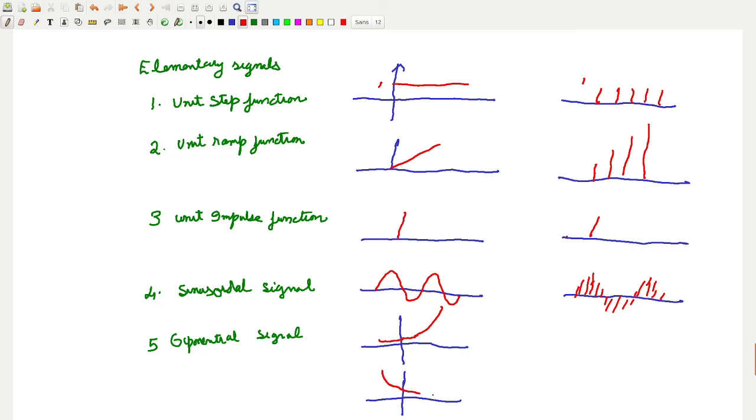It will reach zero only at infinity. Similar to this, you have the discrete exponential signal, exponentially growing to infinity.